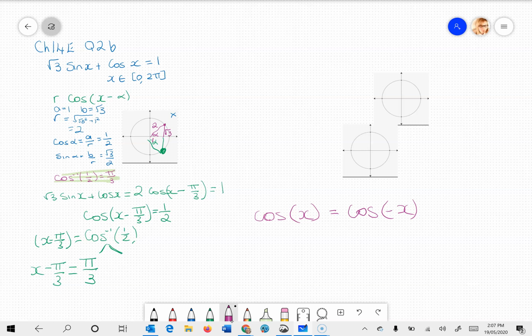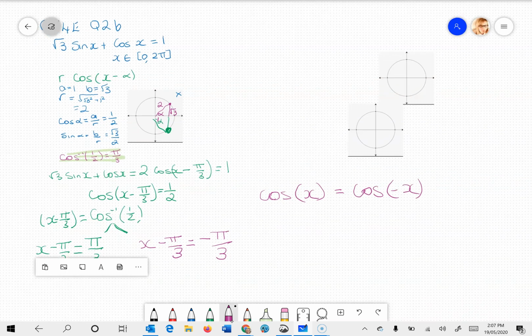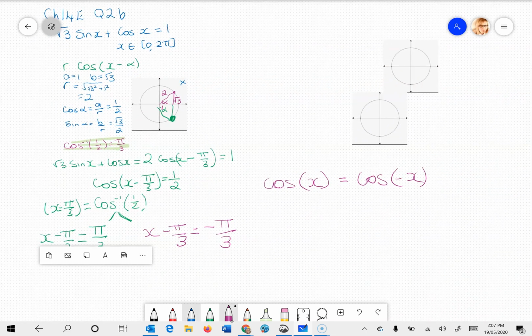So that means that we've also got to have a look at x minus pi on 3 equals negative pi on 3, and have a look at the solutions that would yield. That means we have x equals 2 pi over 3. That's one of our solutions.